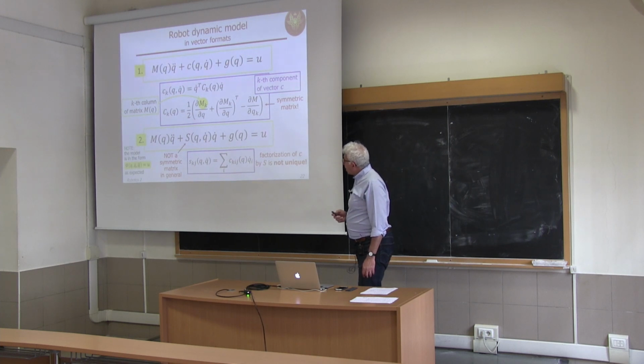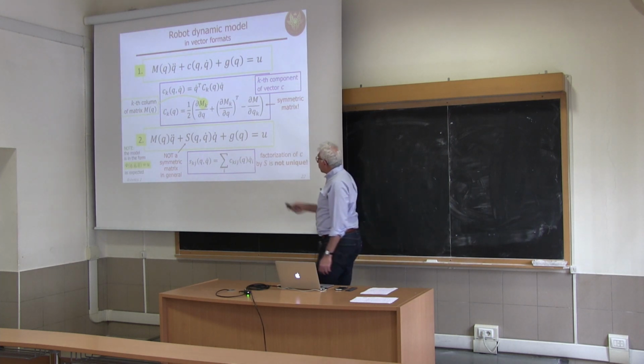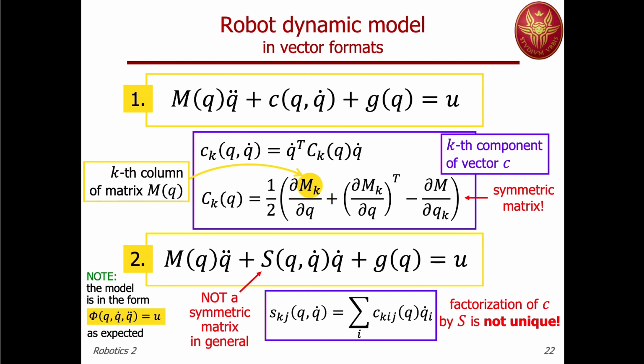Okay, so now see, whatever format, this is the generic one, including a factorization of the Coriolis centrifugal terms. Whatever form you're using, we ended up finding what we were looking for.